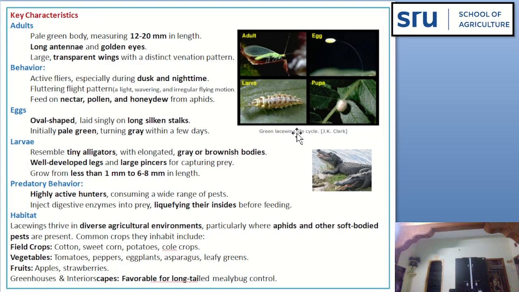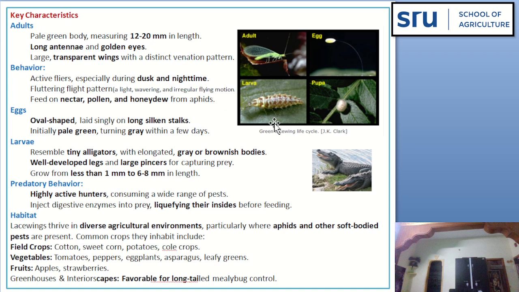The key characteristics: adults are pale green in color, measuring 12 to 20 mm in length, that is 1 to 2 centimeters. They possess long antennae and golden eyes. Large transparent wings with distinct venation patterns are very common.